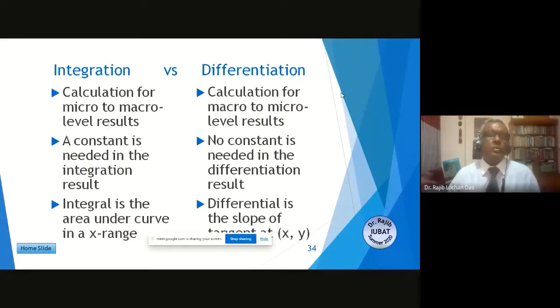Just read now. What is integration? What is differentiation?